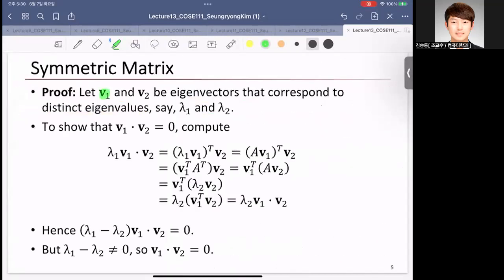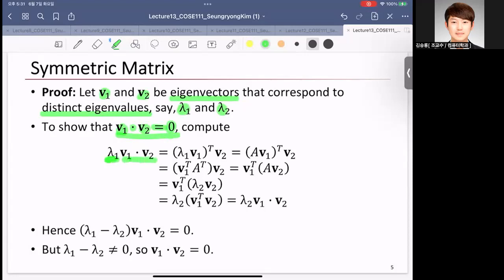Let V1 and V2 be eigenvectors that correspond to distinct eigenvalues, let's say λ1 and λ2. We have to show that the inner product of V1 and V2 is equal to 0. You can easily do that, right? First of all, consider λ1 times the inner product of V1 and V2.